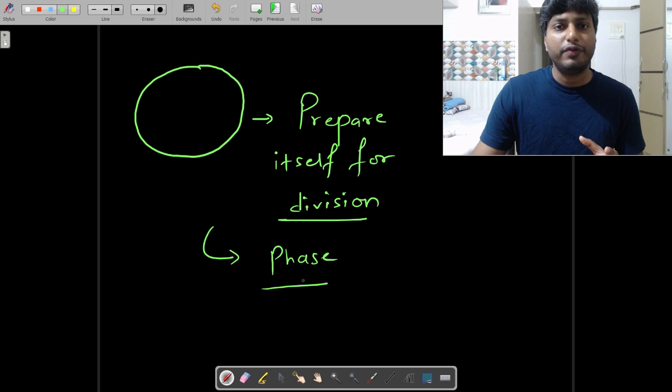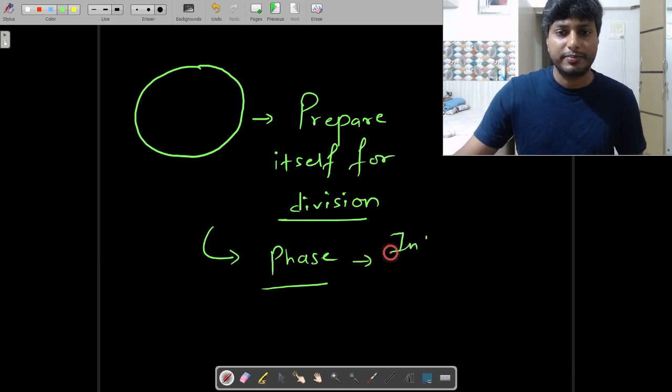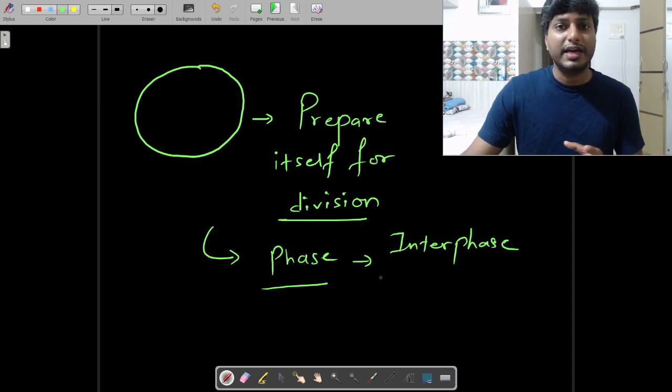This particular phase, during which the cell prepares its content or doubles its content, is called interphase. Dear students, please understand this carefully. In this phase the cell is going to double the content present inside it, so in a way the cell is preparing itself for cell division.